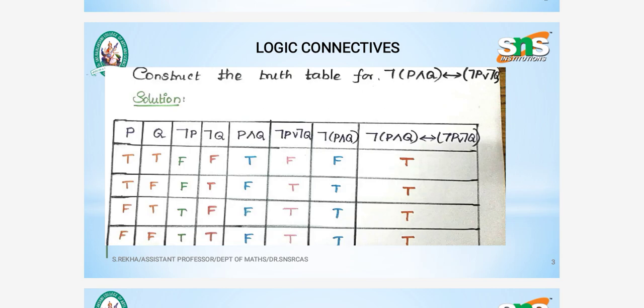Next we apply the negation for P and Q. We already know that true means false, so for true false false false we write false true true true.